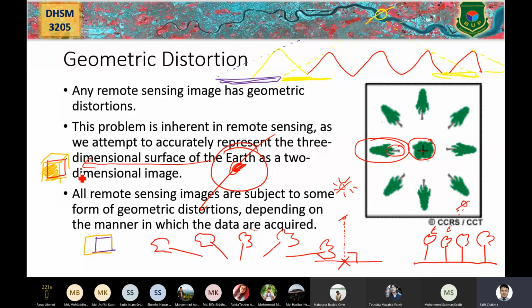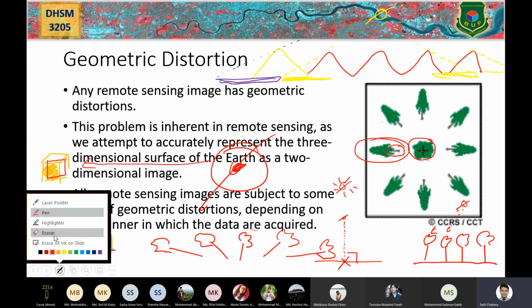We can see the side of the building, and that's how it's giving us some sort of distortion and giving us an impression that the map of the building, which is in the red color, is wrong or wrongly projected. Does it make sense now?